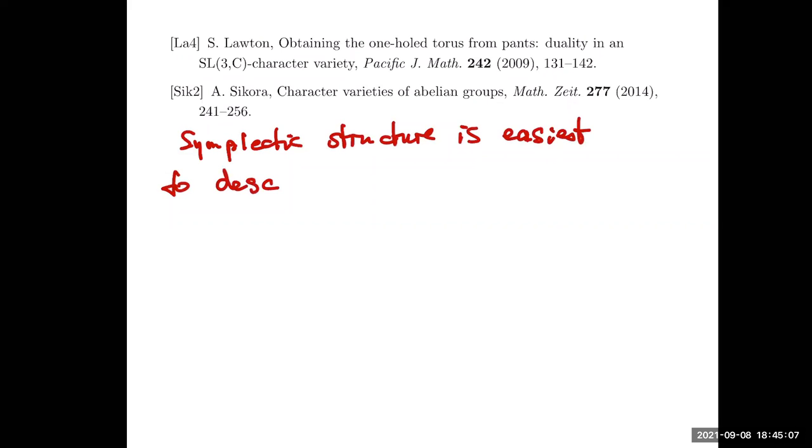Yes, because to begin with, the symplectic structure is easiest to describe on the torus, because the torus is the only case where you have global coordinates where you can describe the character variety.